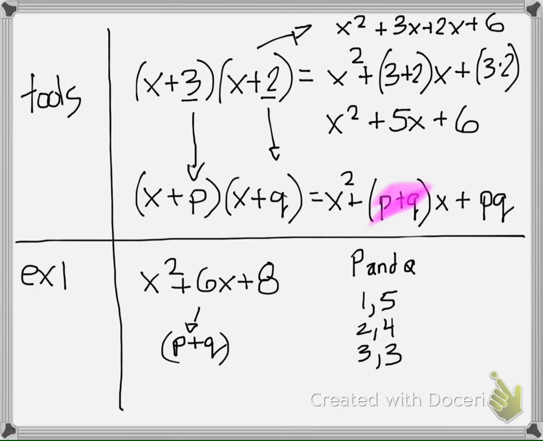You need to come up with P times Q that will equal 8, because that's the C value. Well, for 1 and 8, I can take 1 times 8, and I can do 2 times 4.